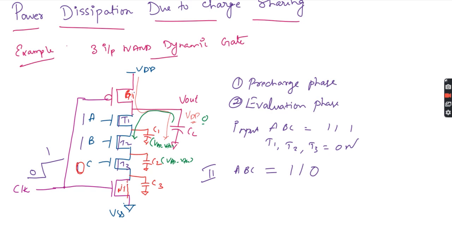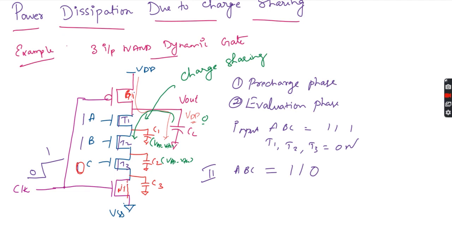So this charge is redistributed, or I can say the charge is sharing. This is called power dissipation. Charge sharing will happen because this transistor's input is 0. So this charge will be shared with the internal capacitances C1 and C2, right?